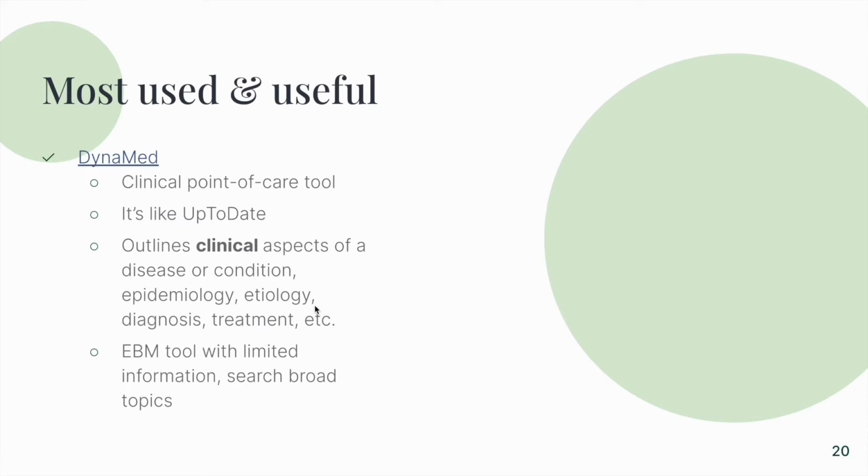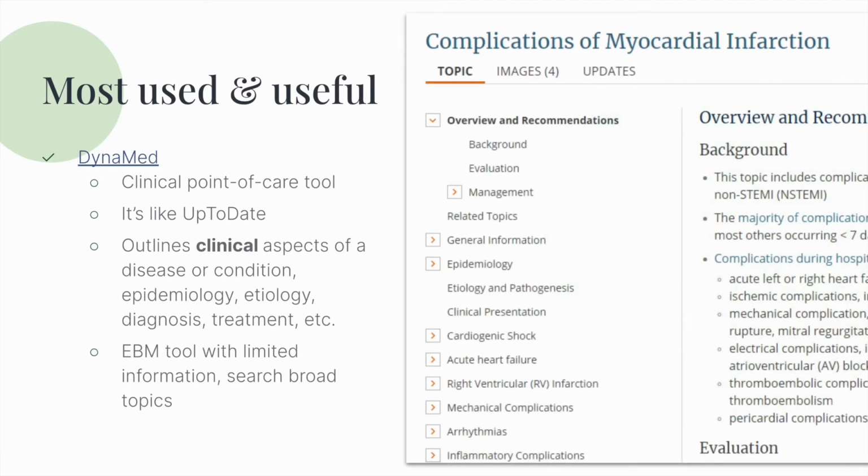Dynamed. I like to remind students, it's like UpToDate. So you've probably heard about UpToDate, but this is a clinical point of care tool. So this is really great for those clinical LIs.